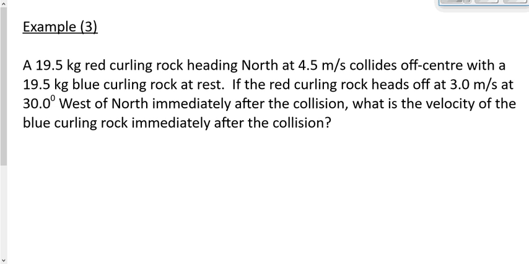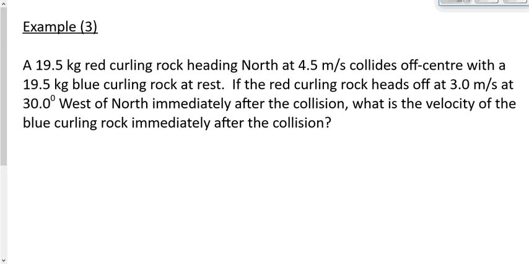Example number 3. This one says a 19.5 kilogram red curling rock heading north at 4.5 collides off center with a blue curling rock at rest. Now that off center is kind of important here. If it collides directly on center, then one curling rock hitting another will just cause the second curling rock to bump straight up. But if it collides off center, then what we get is what we call a glancing collision, where they go off like this, right?